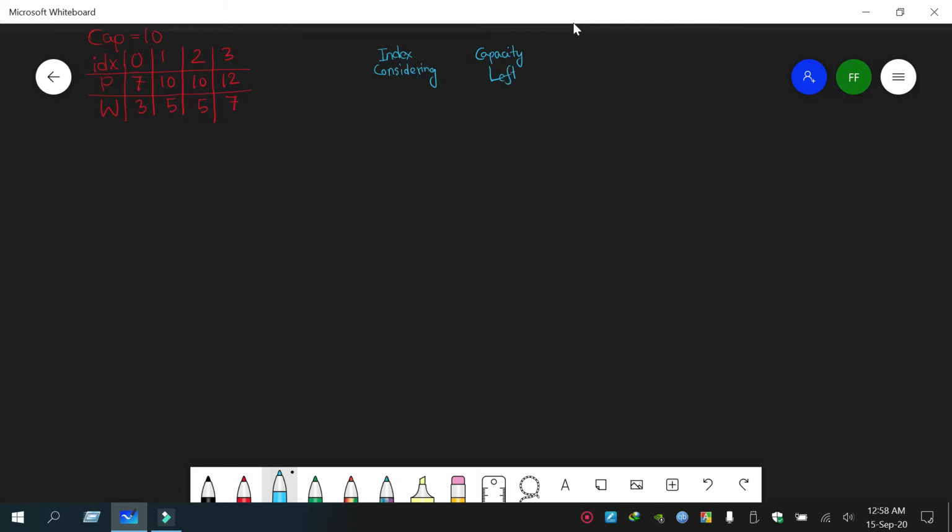So we start considering from the first index, which is 0, and the capacity left at this point is 10 because we haven't taken anything in the bag. But right now we are considering the first item, that is 0.